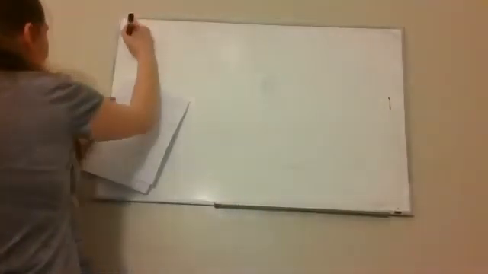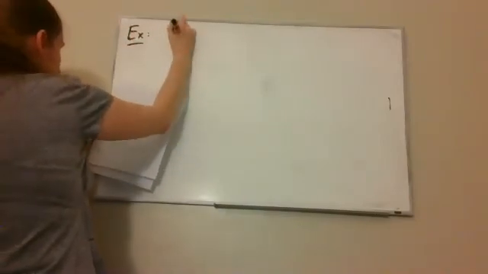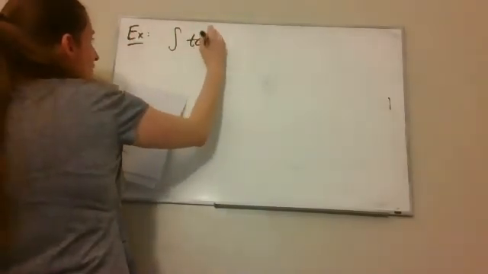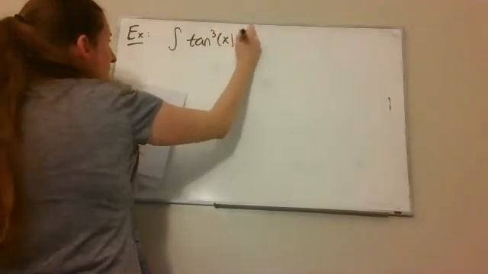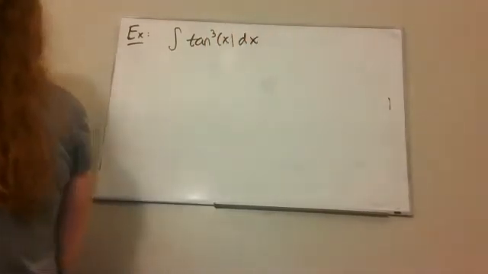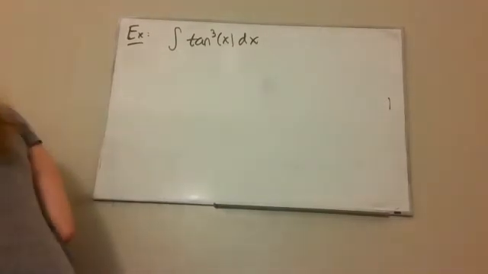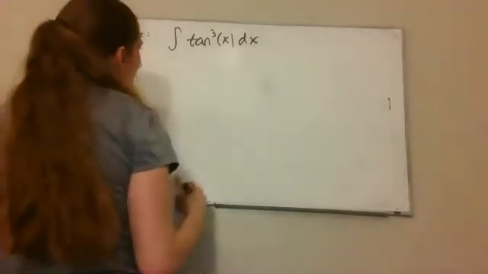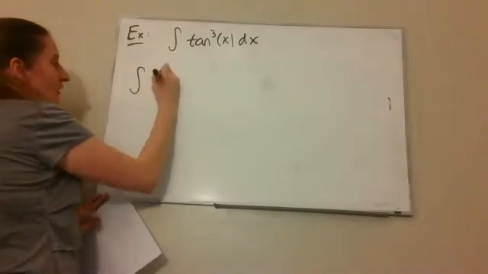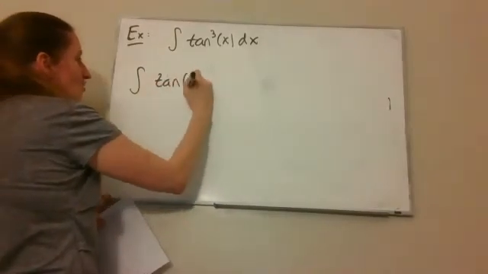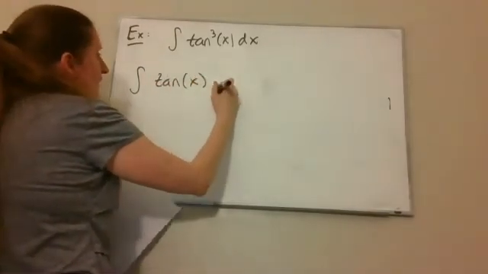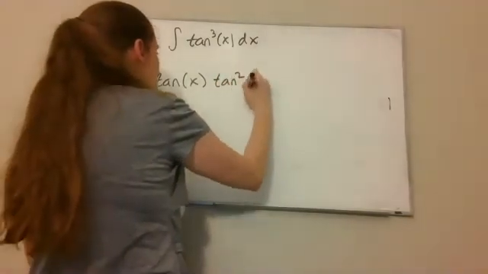So let's find the integral of tangent to the 3rd. Well, first thing I notice with tangent to the 3rd is it's the same thing as tangent times tangent squared.